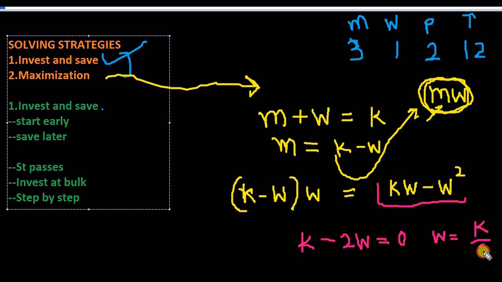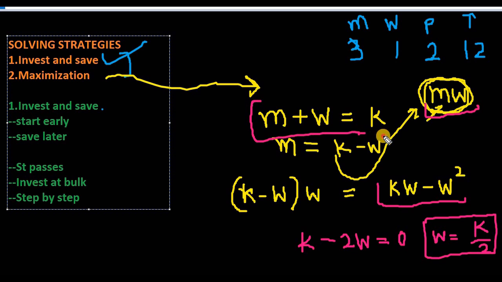We don't know what k is, we just know that it is a constant, whatever the sum is. Now we know that in order to get the maximum of m and w, that is the number of candies, w needs to be k by 2, and in the first equation we have m plus w equal to k. That means m and w need to be the same, that is k by 2, in order to get the maximum number of candies.